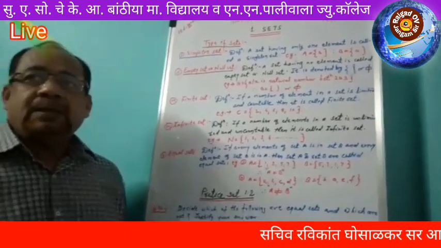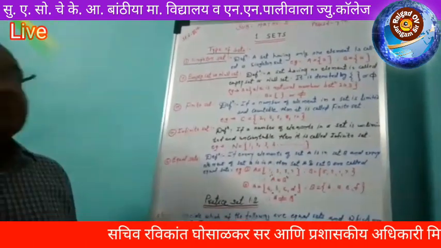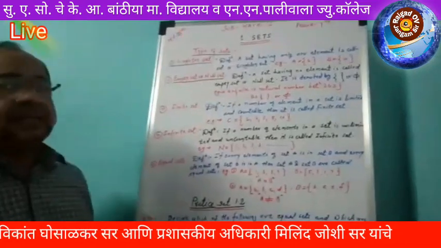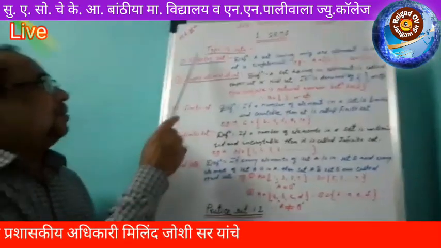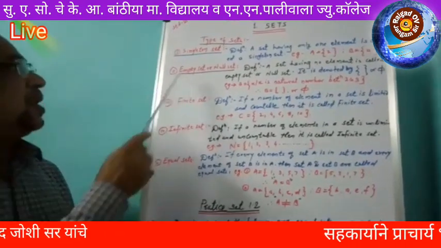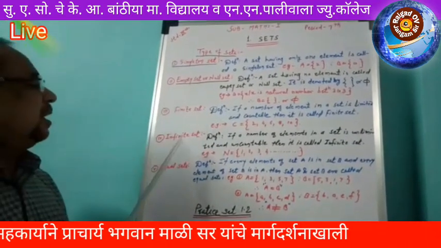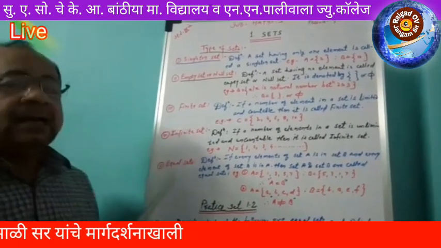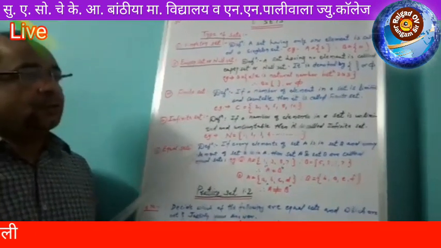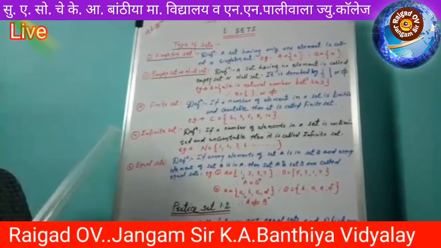Now in the same topic we studied types of sets. There are 5 types of sets: singleton set, empty set, finite set, infinite set and equal set. So we studied one by one.